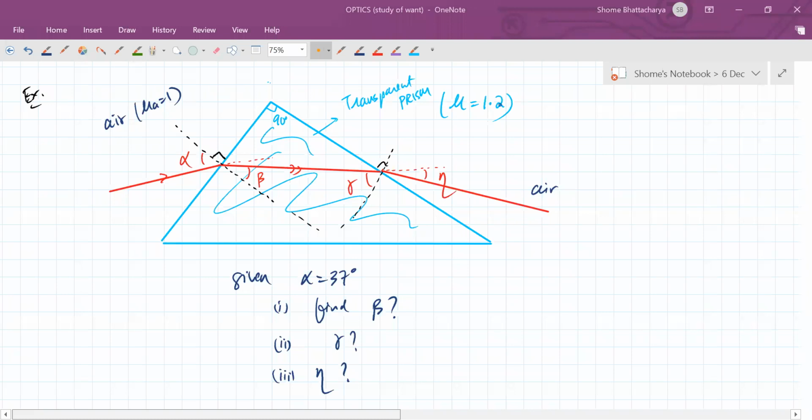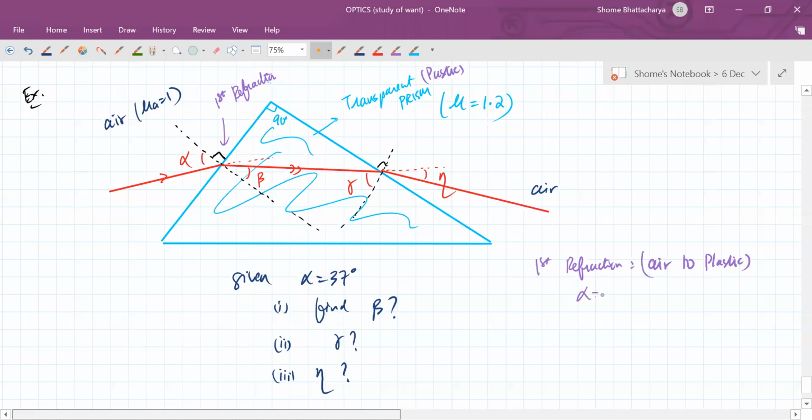Okay, so first of all, you can see that this is the first refraction. So the first refraction is happening from air to, let's say this is plastic. Okay. So to plastic.